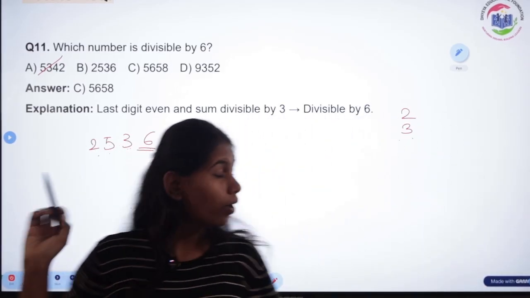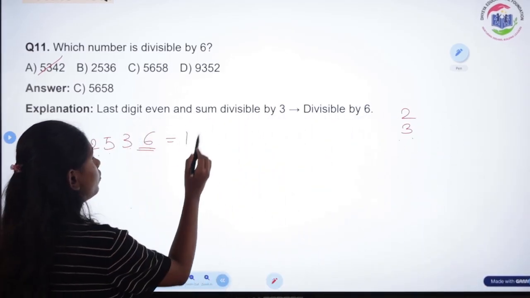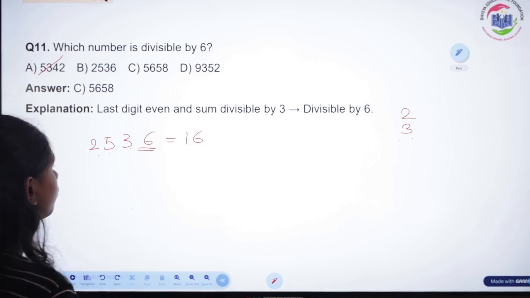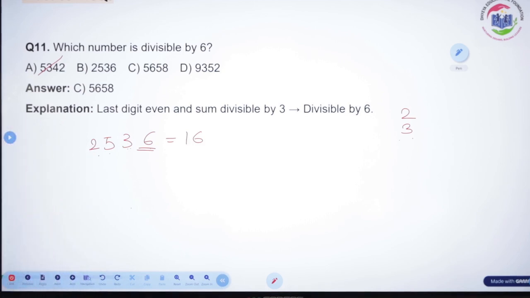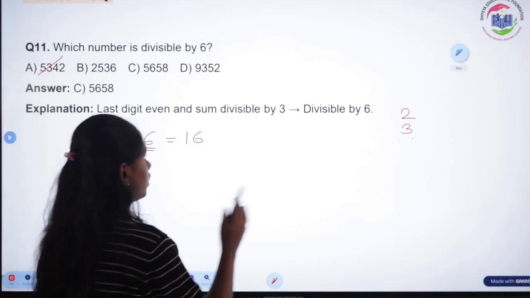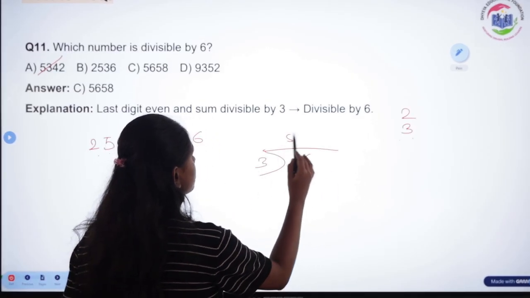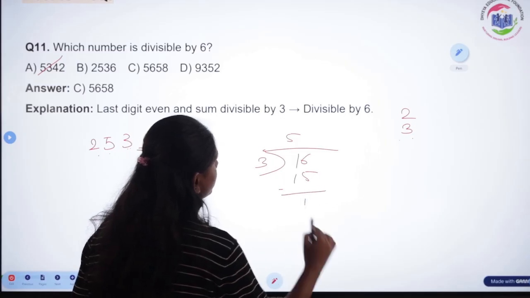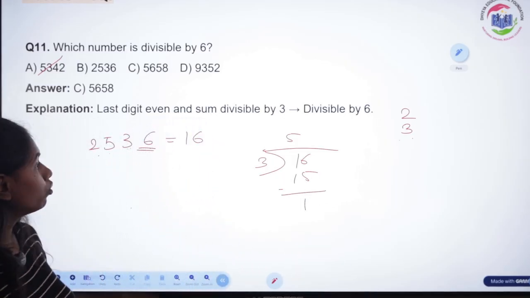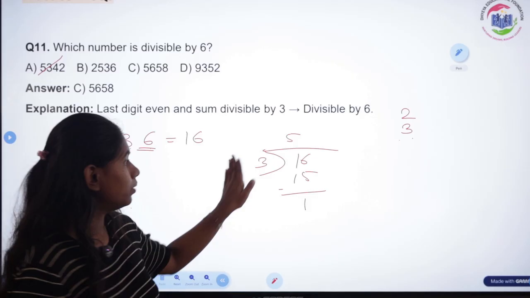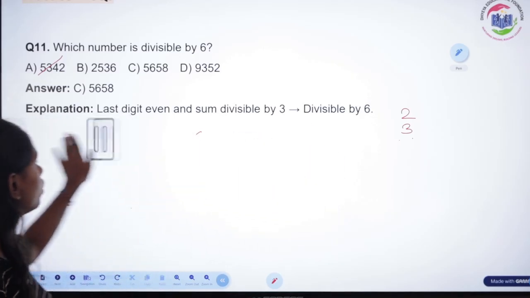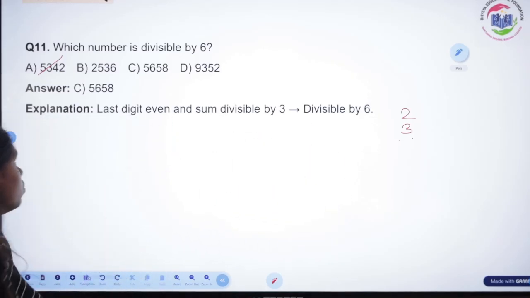The answer is 16. Now check whether you can divide 16 by 3. 3 fives are 15, and 1 is remaining. You can't divide 16 by 3, so the second condition is also not satisfied. This is the wrong option.